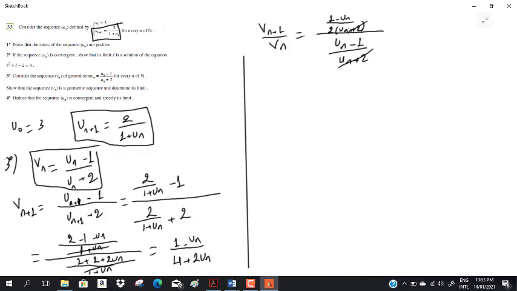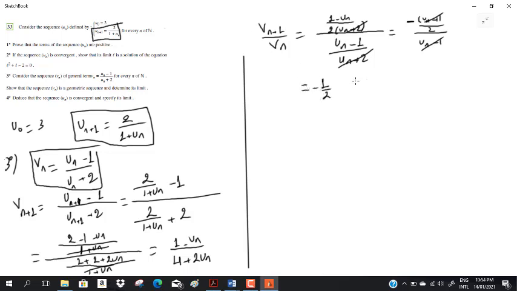At first I'm going to simplify by un plus 2. I will obtain 1 minus un over 2, over un minus 1. We can take minus as a common factor outside. It will be minus un minus 1 over 2 over un minus 1 over 1. Now I can also simplify by un minus 1. I will obtain minus 1 over 2.